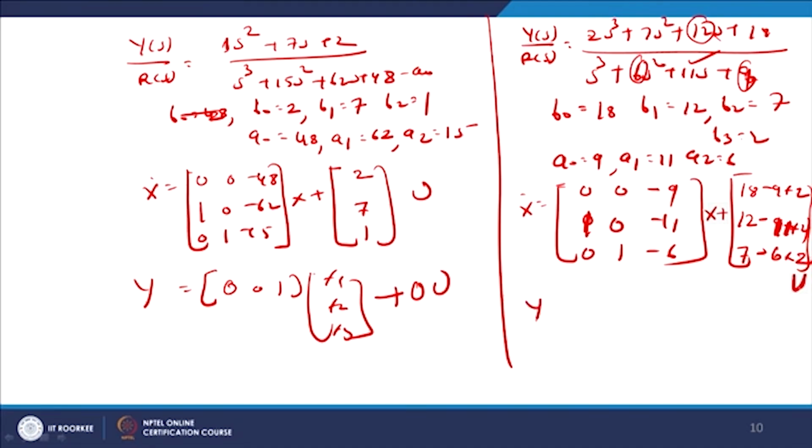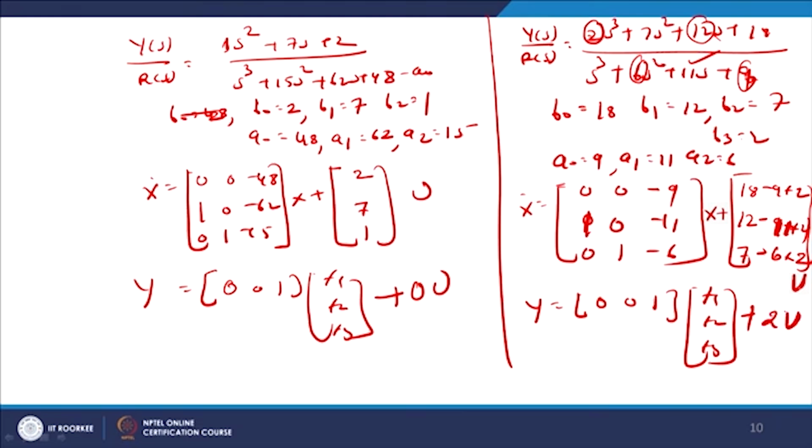And we will get the output as 0 0 1 times x1 x2 x3, and particularly you will find that you will get the element 2, meaning the element b3.